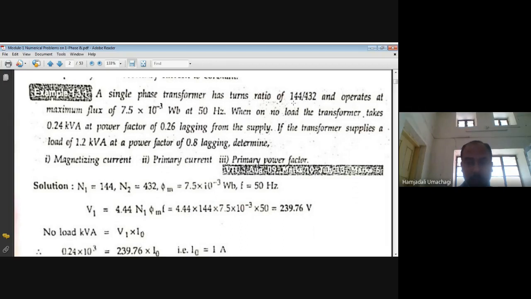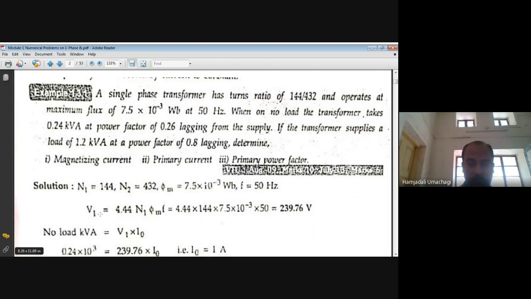So N1 is 144, N2 is 432, maximum flux phi m is 7.5 milliwebers, frequency f is 50 hertz. Now we know the basic equation of transformer, that is V1 is equal to 4.44 N1 phi m f. So now you calculate first the voltage on the primary side, V1.